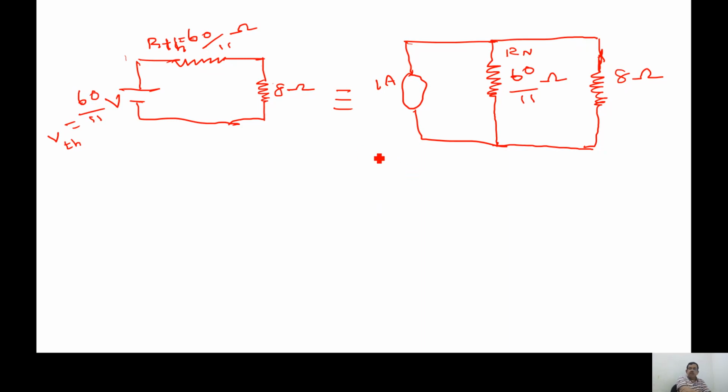Current flowing through the 8 ohm with this analysis we got like this, but here in this analysis, you look at this, it is comparable. So this is 1 ampere, so accordingly it will bifurcate. So you'll get the same thing. Whatever the current will be flowing is the same because the resistances are comparable.